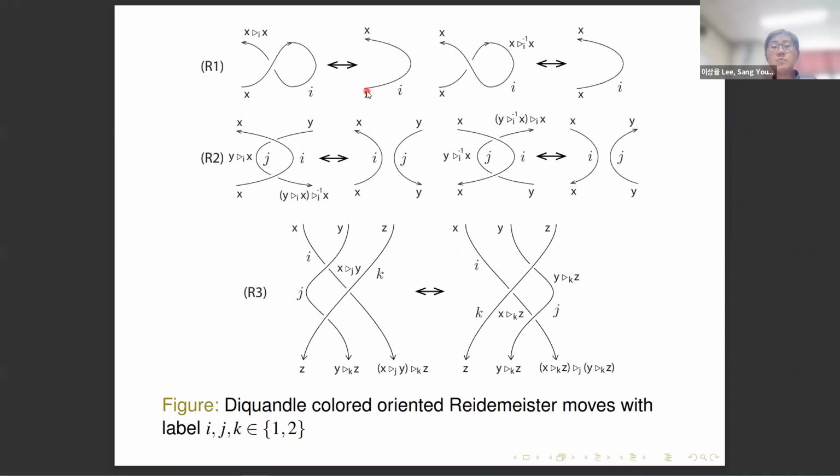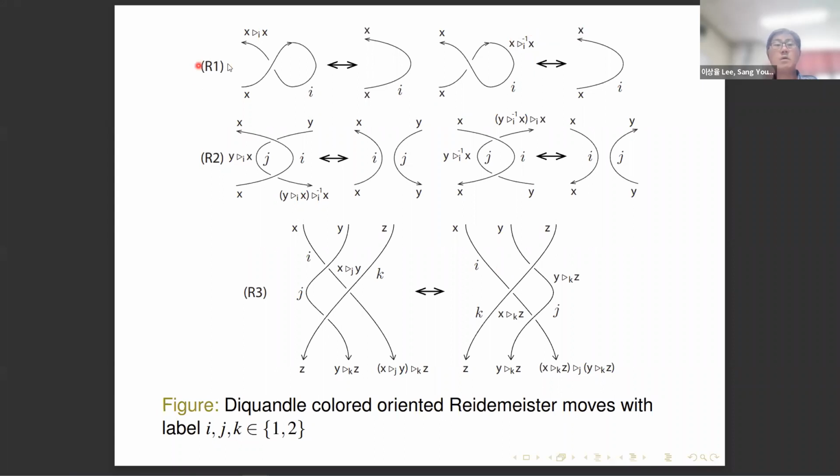Actually, for Reidemeister move 1, this one is x. Okay, δi is also a quandle operation, and δi inverse is also a quandle operation. This one is equal to x.